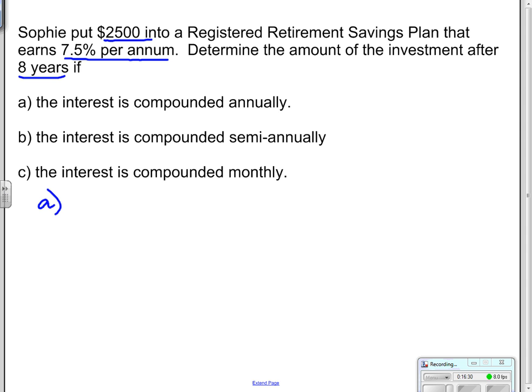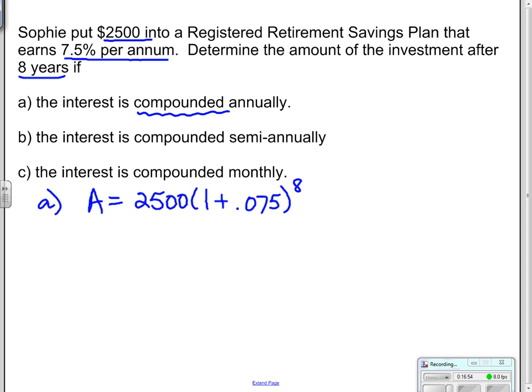So how much money does Sophie have if she had $2,500? Initial value, $2,500. 1 plus the interest rate as a decimal. 1 plus. Interest rate is 7.5%, so decimal 0.075. And the number of years is 8.